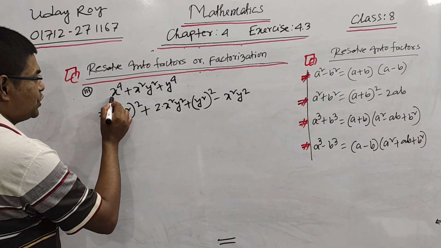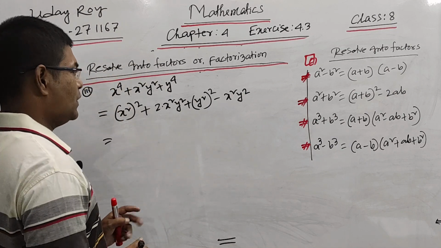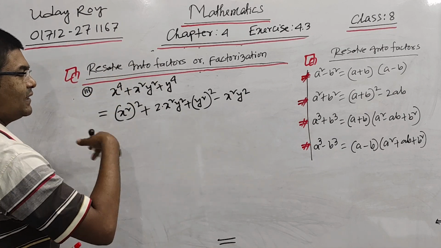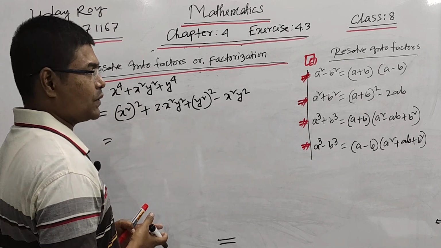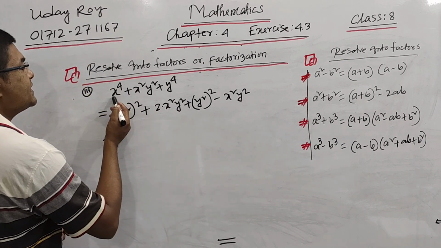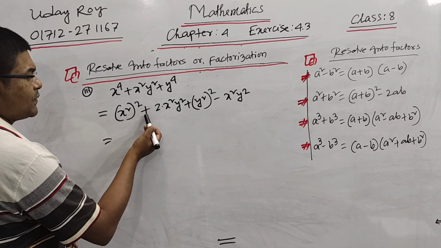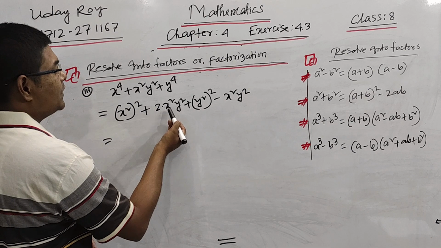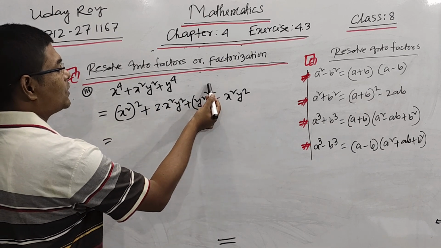Here is x to the power 4 minus x square y square plus y to the power 4. So at first you have to break, converting to the rules a plus b whole square or a minus b whole square. So let's come back. Here is x to the power 4, so x square whole square plus, I have taken here 2x square y square. Here is y to the power 4, y square whole square.